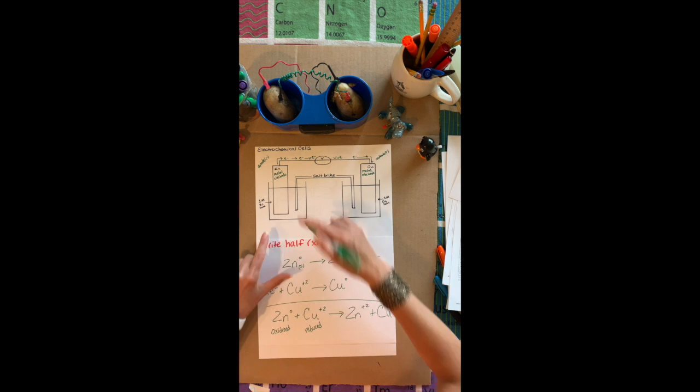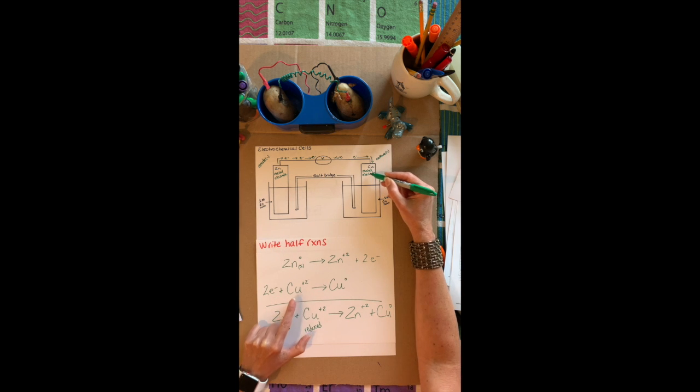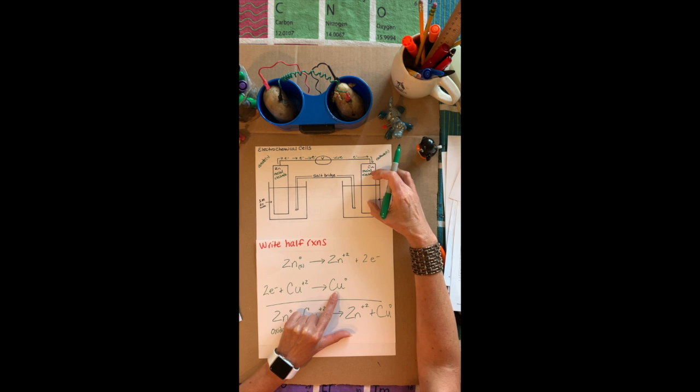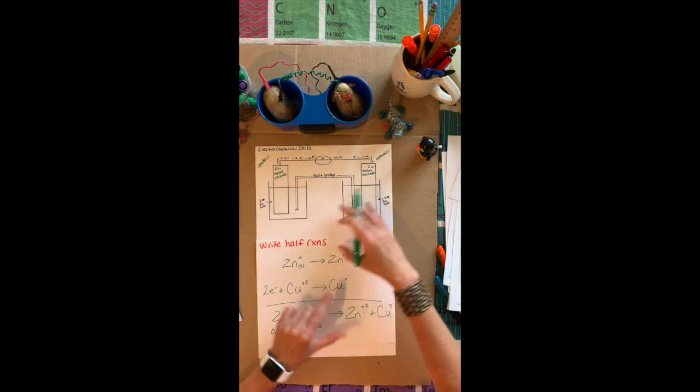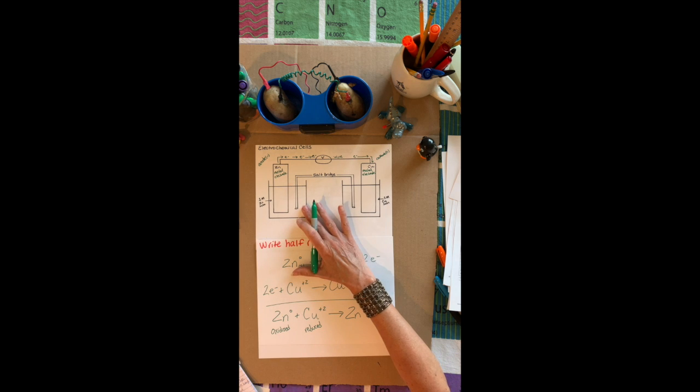Those 2 electrons are what's traveling along this wire and coming down to copper. Each copper ion is receiving those 2 electrons, and it's becoming solid copper. Now, this already is solid here, but I got to talk to you about what's inside these beakers, okay?